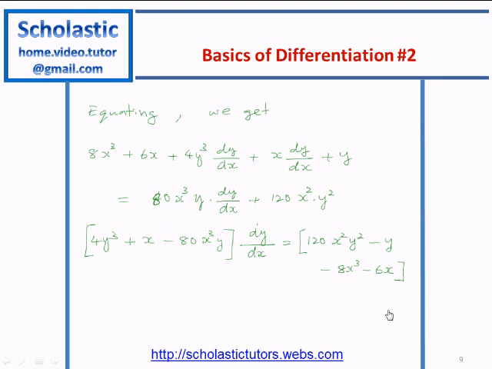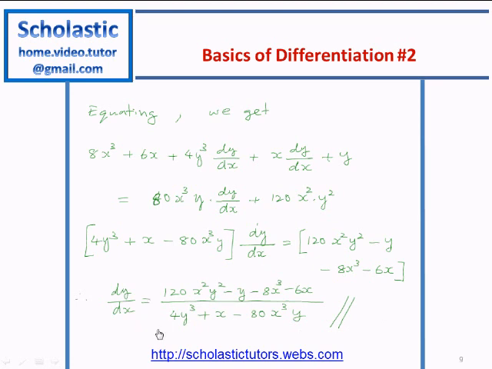Then we'll end up with the answer to dy by dx. So dy by dx equals basically 120 times this side as the numerator and this term as the denominator. So basically what we did here was just collect the terms with dy by dx into one side and send the others to the other side, and we got an expression for dy by dx.